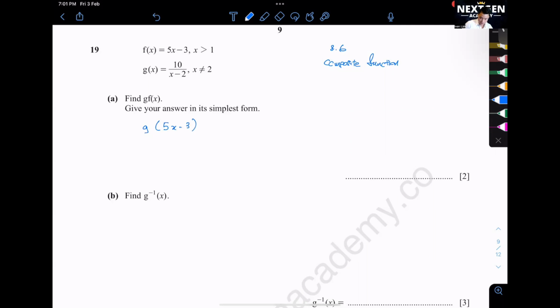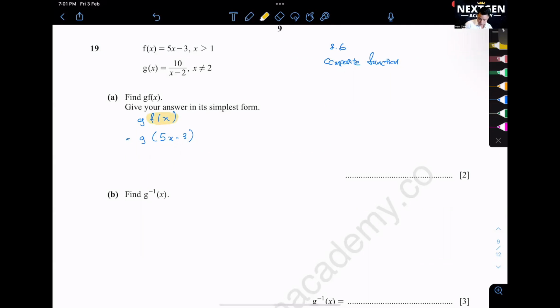gf(x). Now you replace f(x) first. Anyone not clear on this one? You open up the behind one first. You do f(x) first, then this is my new x. So I replace my x with 5x minus 3. Remember, g(x) equals 10 over x minus 2, so g(a) equals 10 over a minus 2.